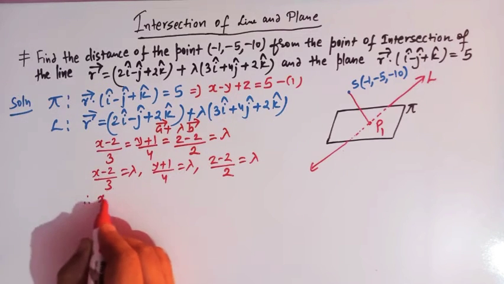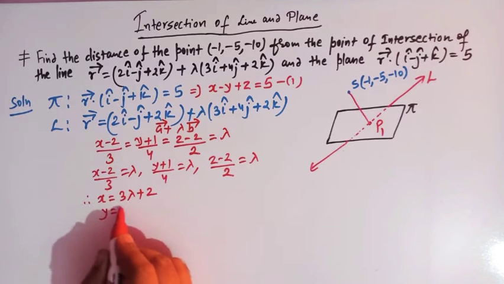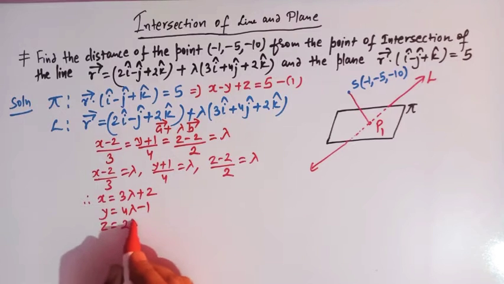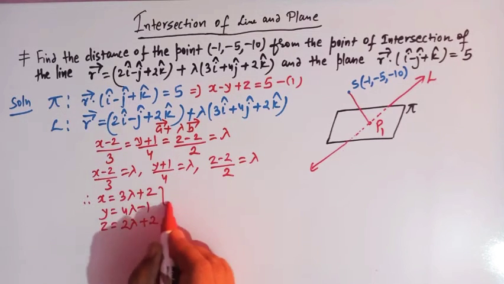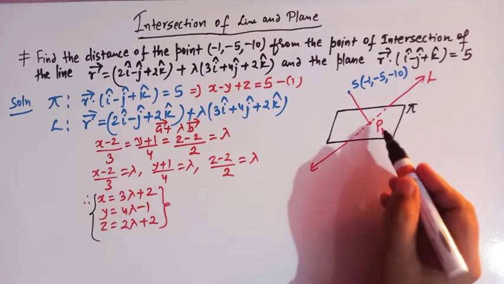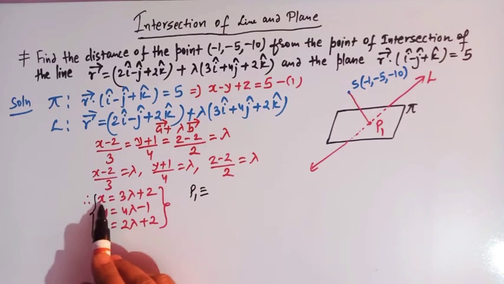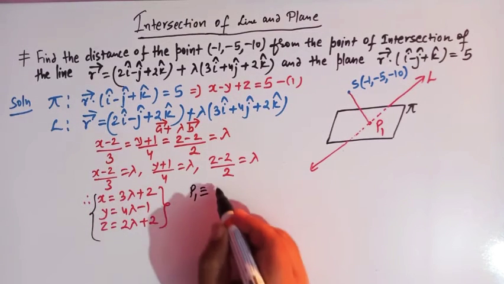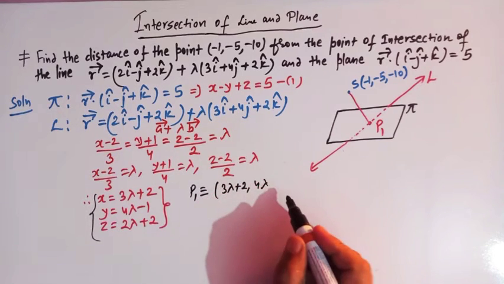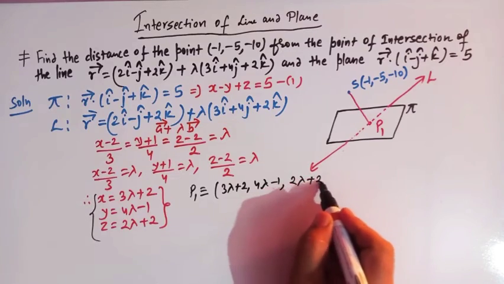So therefore x is equal to 3 lambda plus 2, y is 4 lambda minus 1, and z is equal to 2 lambda plus 2, right? Now the coordinates of the point P1 are given by these three coordinates, that is 3 lambda plus 2, 4 lambda minus 1, and 2 lambda plus 2, right?